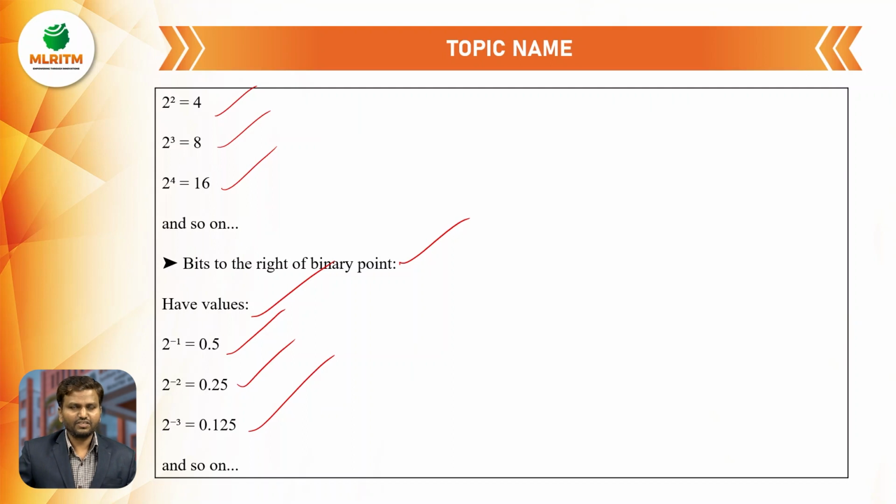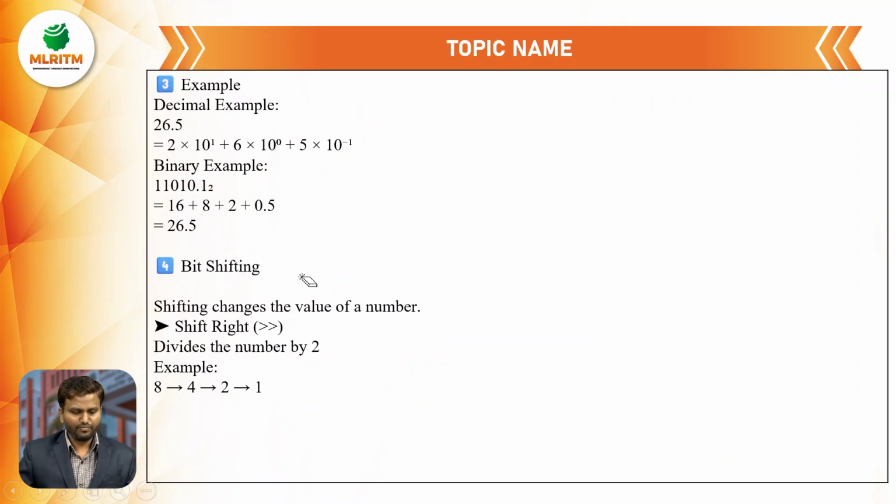As discussed for 25.6, the values left of the point are positive powers and the values right of the point are negative powers. Now take the decimal example 26.5.